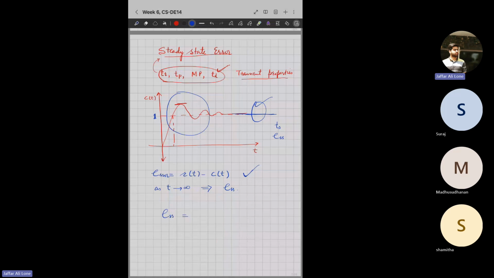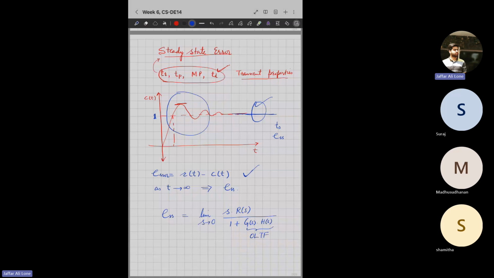It is given by the limit as S tends to 0 of S into R of S divided by 1 plus G of S H of S. Since G of S H of S is the OLTF, the open loop transfer function I've discussed in detail in previous lectures, the steady state error is S into R of S, where R of S is the input, and in the denominator we have 1 plus G of S H of S, or 1 plus OLTF.